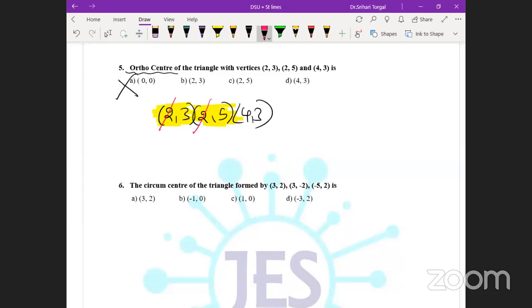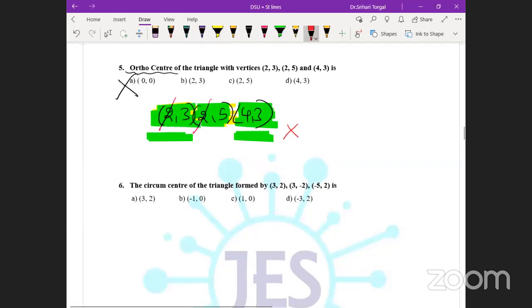Okay, then you take the second point and third point. What is the common coordinate you have? No such coordinates are there, correct? Now you think of third coordinate and the first. What is that common coordinate you have? That is 3.